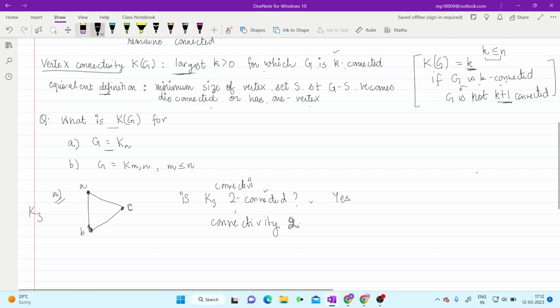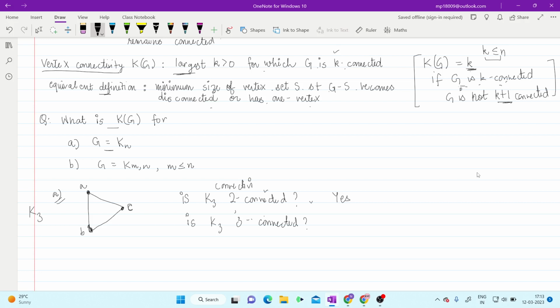First of all, is K3 2 connected? Yes. Is K3 3 connected? No, because if we remove two vertices, we are just left with one vertex.